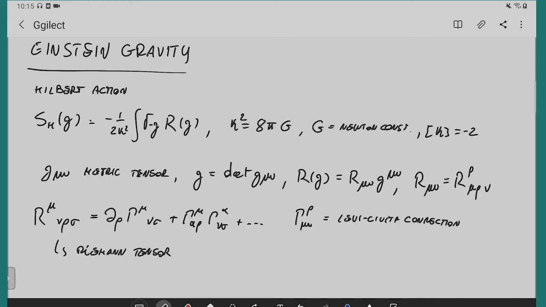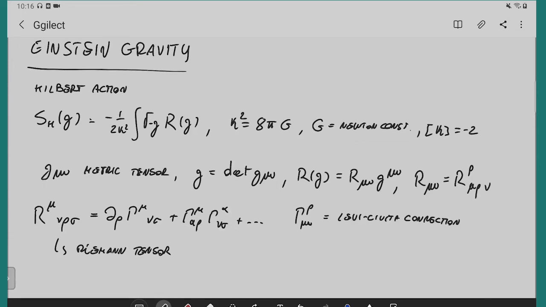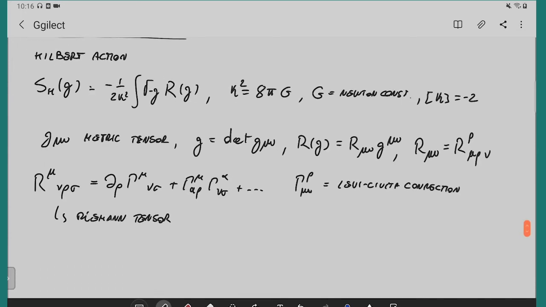So if you want to study this theory as a quantum field theory, you can do that. But quantum field theory deals with scattering amplitudes typically, and computes the elements of the S matrix using Feynman diagrams. And this is done only in flat spacetime.